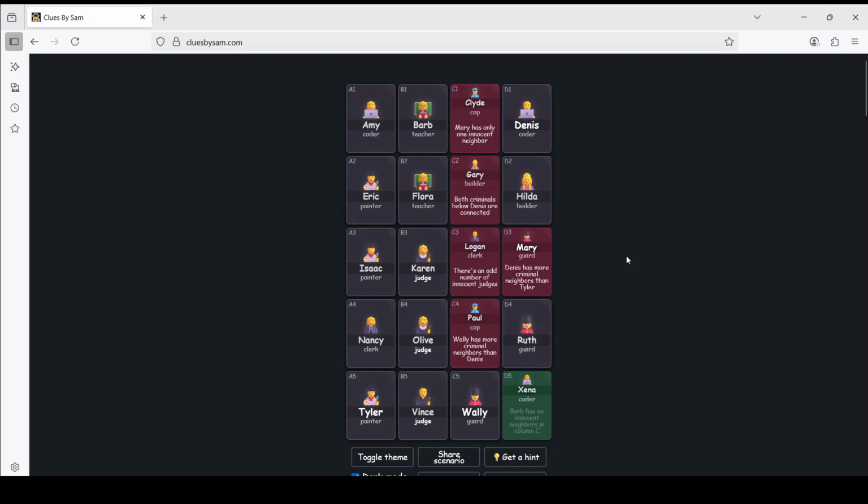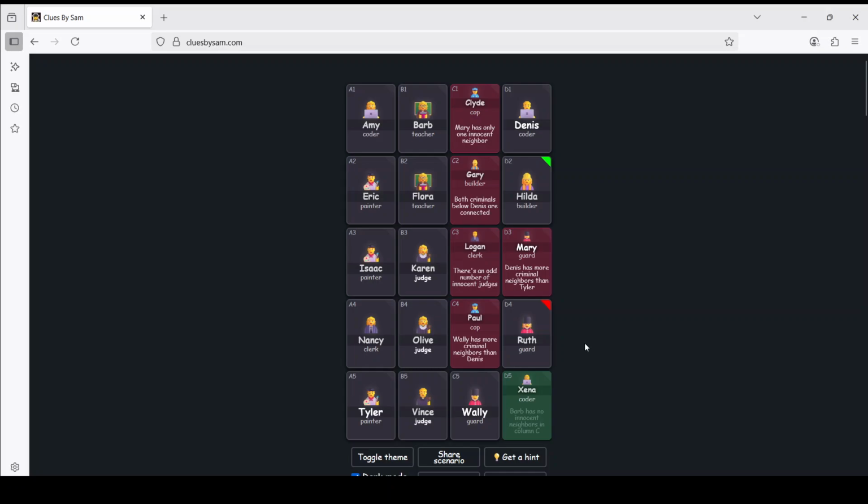Both criminals below Dennis are connected. We still don't know whether it's Hilda or whether it's Ruth, though, actually, let's think about this for a second. If Hilda is innocent and Ruth is a criminal, that is going to affect the lineup here because that would put Dennis at 2 criminal neighbors.